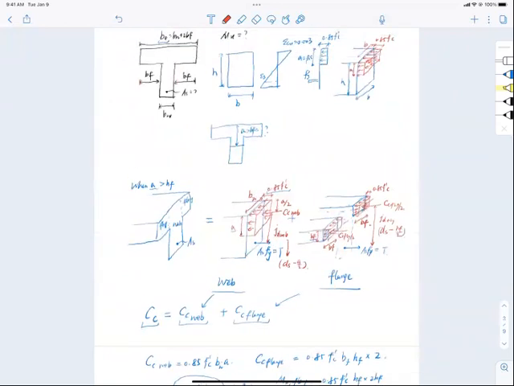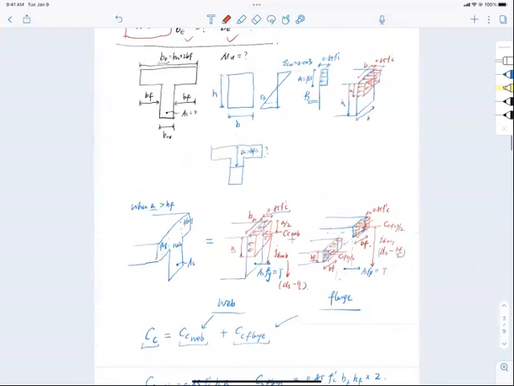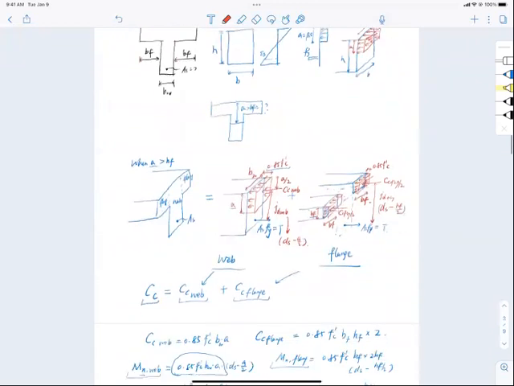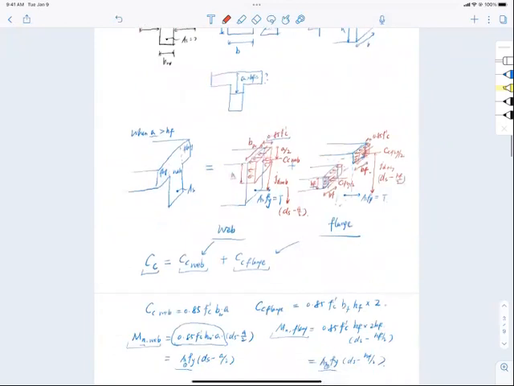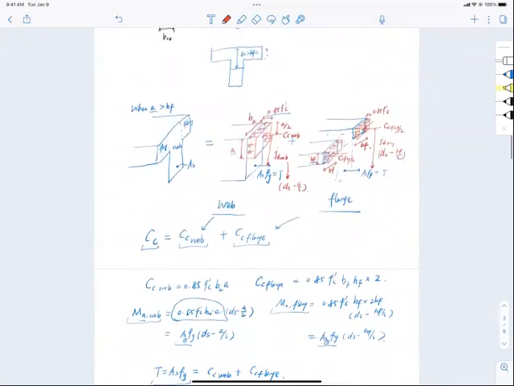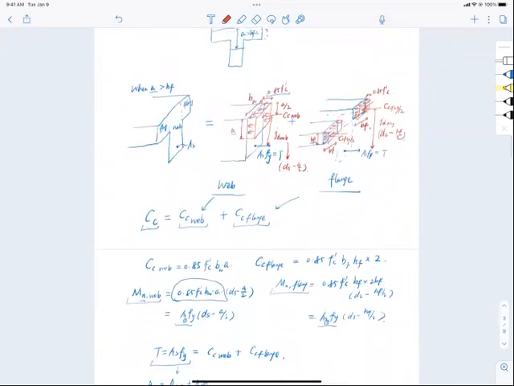Now, because it is a T-beam, the stress distribution can be a little bit complicated. Why so complicated? Because once we have the T-beam, we have the web section and we have the wings, right? So the stress distribution in the wings and the web section are completely different. If your a, which is the effective compressive zone size, is bigger than the flange height hf, then you have two components, right?